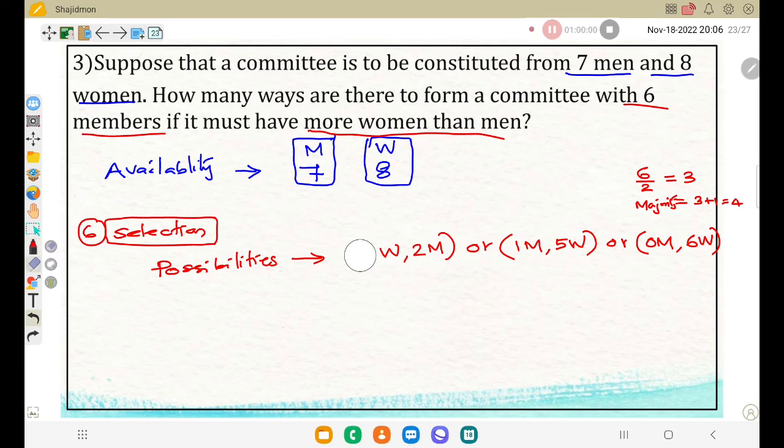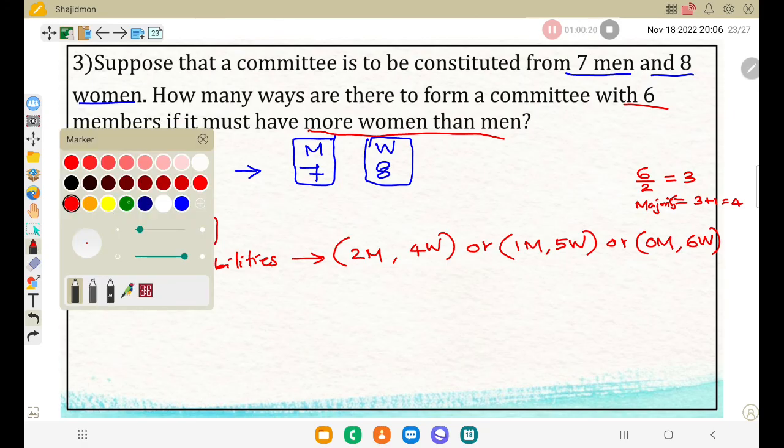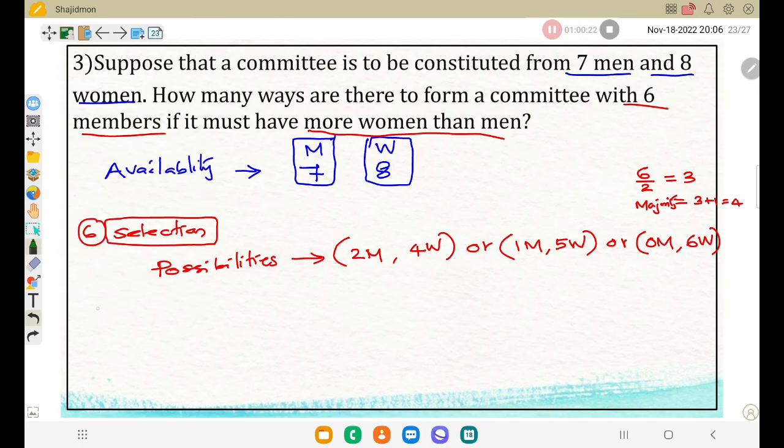So I'm writing in order so reading is also easy. First one: 2 men, 4 women, majority, okay? Or 1 man, 5 women, or 0 men, 6 women, like that. So these are the possibilities. Now we can write the total number of ways.